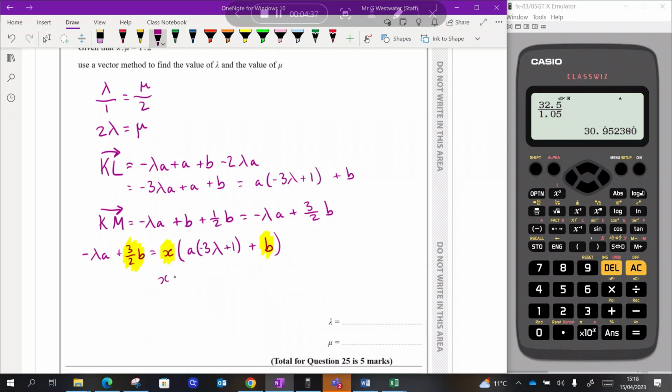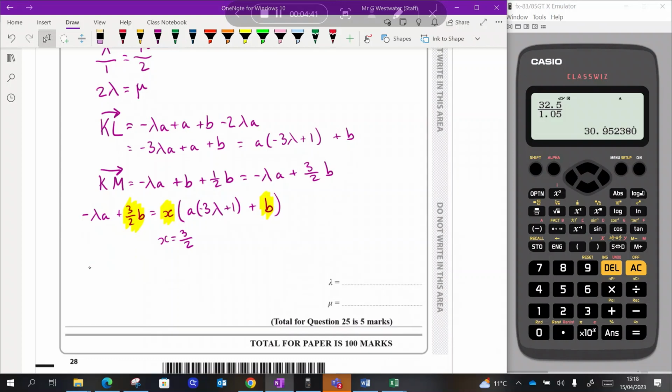So x equals 3 over 2, meaning minus lambda a, if I just focus on the lambda parts of this now, will equal 3 over 2 a into minus 3 lambda plus 1.